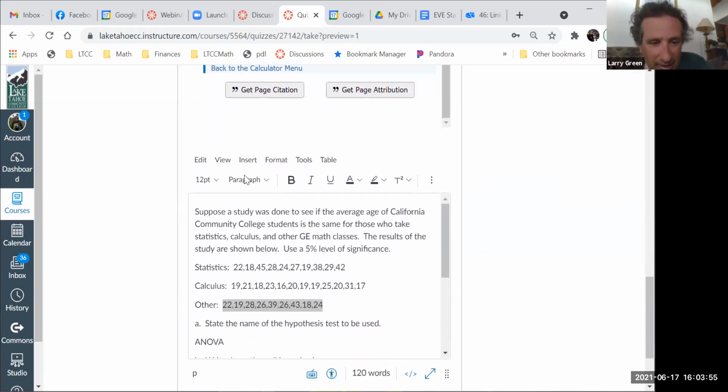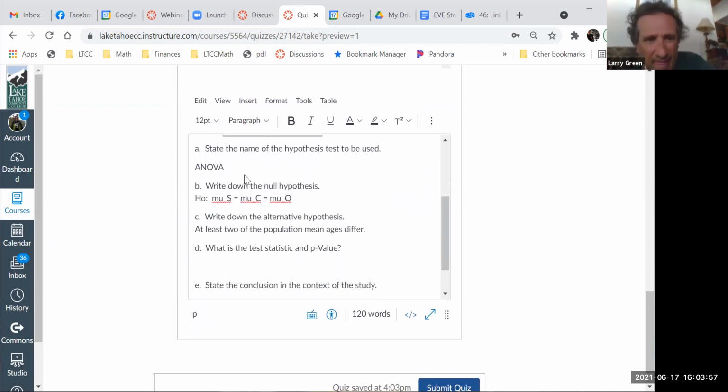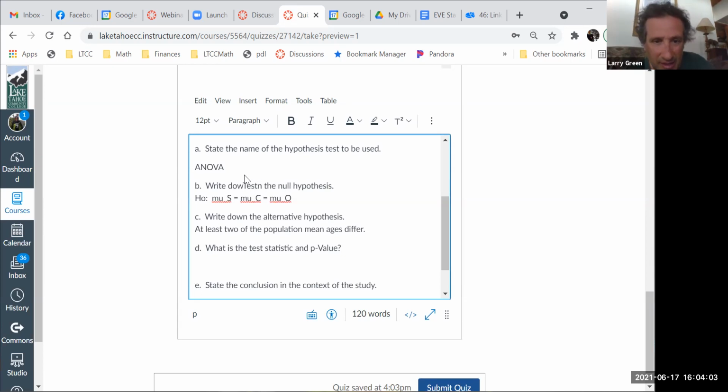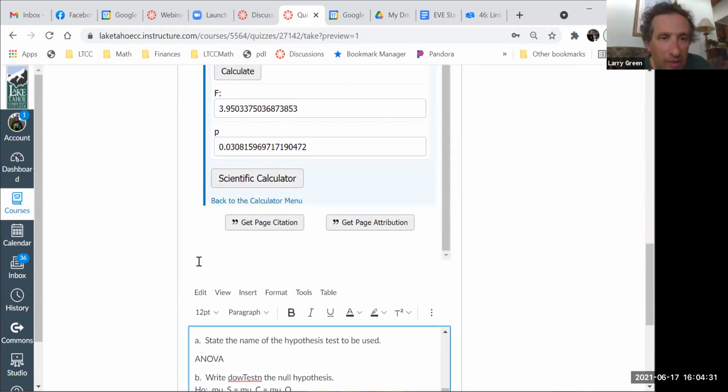So let's write that down. So the test statistic is F equal to 3.95, and the p-value is equal to 0.0308.